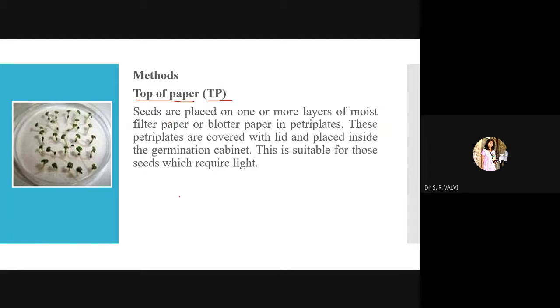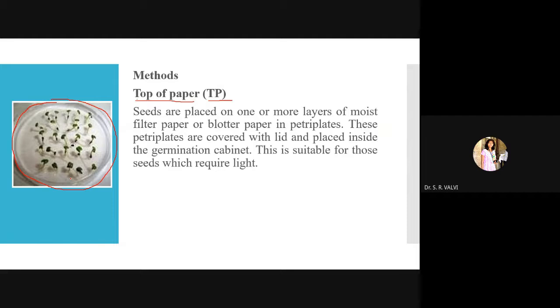In our laboratory, this is the plate, the petri plate. In a petri plate you have to cut filter paper of a similar size. Then you place the filter paper at the bottom of the petri plate and even on the lid.